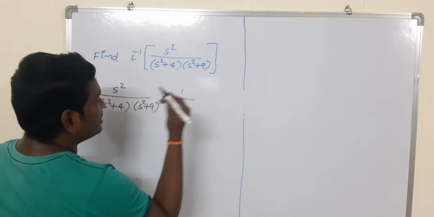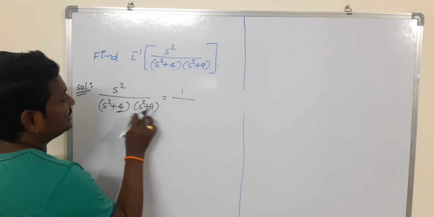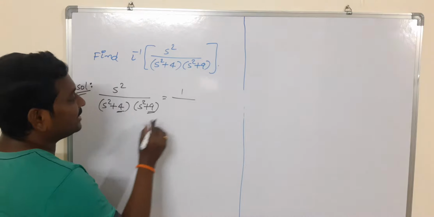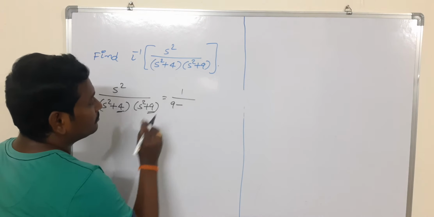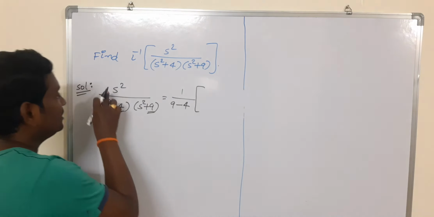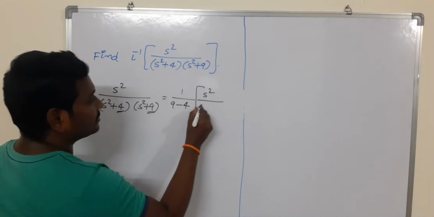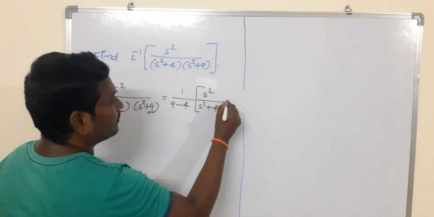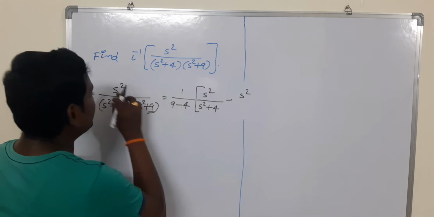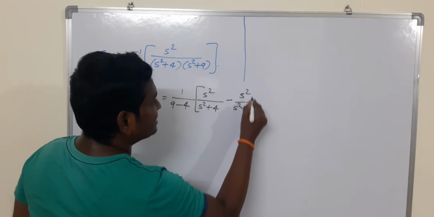We are observing that in the first factor 4 is the constant, in the second factor 9 is the constant. So we take the greatest value minus the least value, 9 minus 4, and the numerator is s square by the first factor s square plus 4 minus the same numerator s square by the second factor s square plus 9.